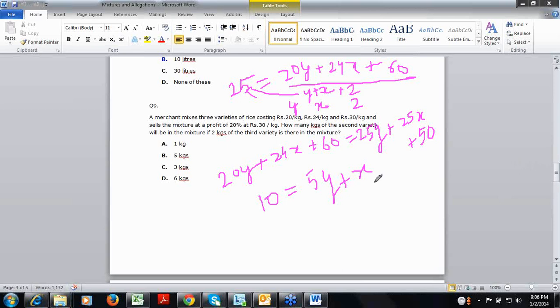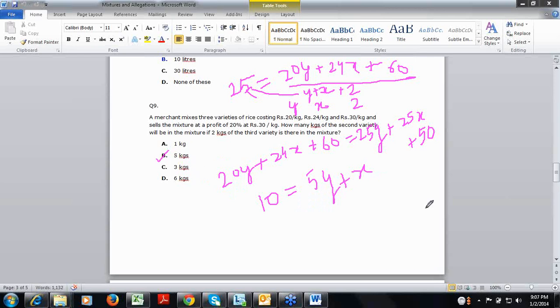Yeah, you can ask why we are assuming it to be an integer though it is not given to be an integer. See, in these types of questions we assume it to be an integer because the options are like that. Now only option B will satisfy this equation.